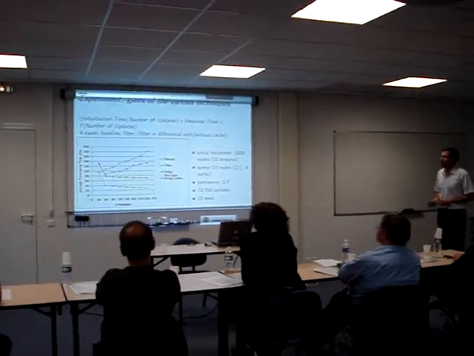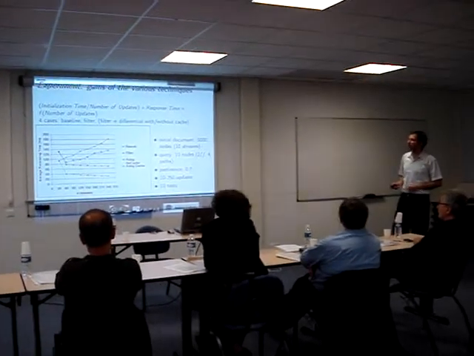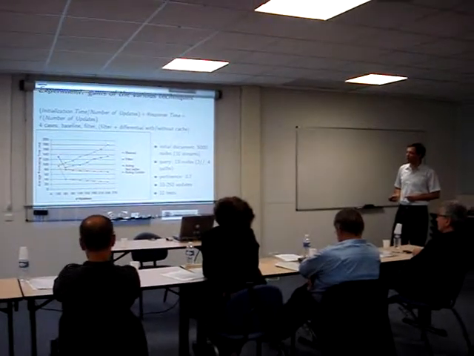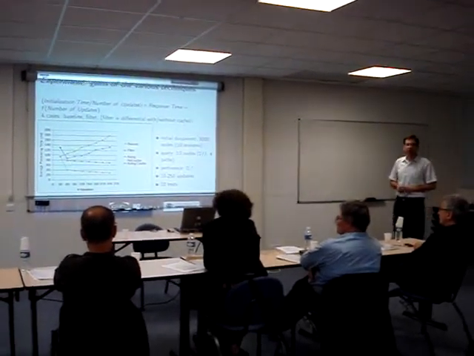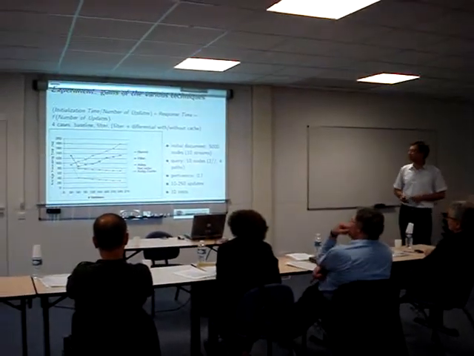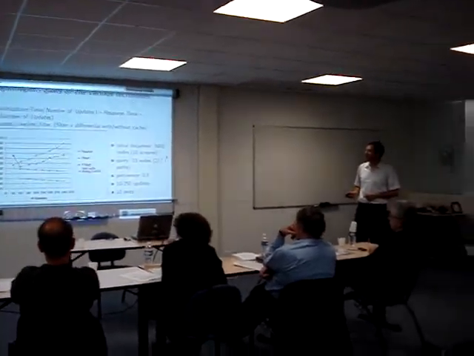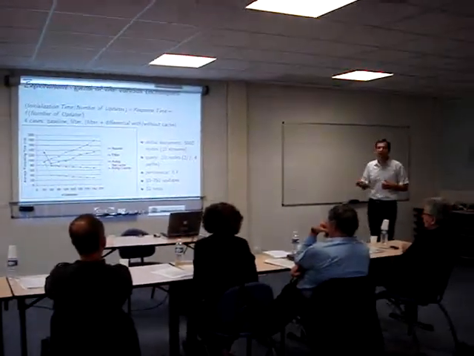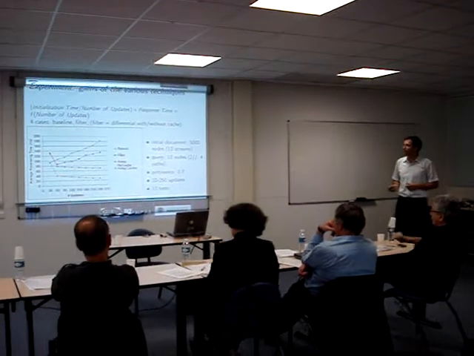Now, in the first experiment, we have measured the gains that are obtained with our methods when we vary the size of a stream. And we have considered 4 cases. The first case is the baseline. So for each update, we reevaluate completely the view.